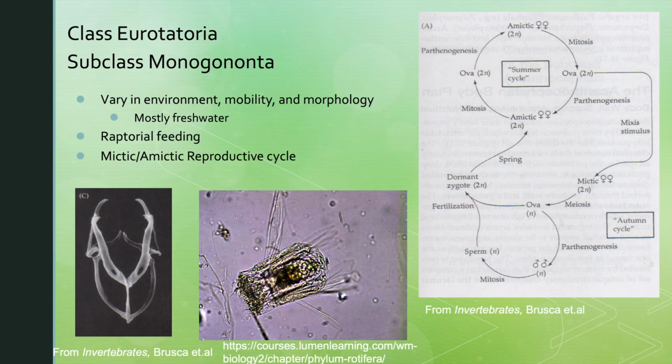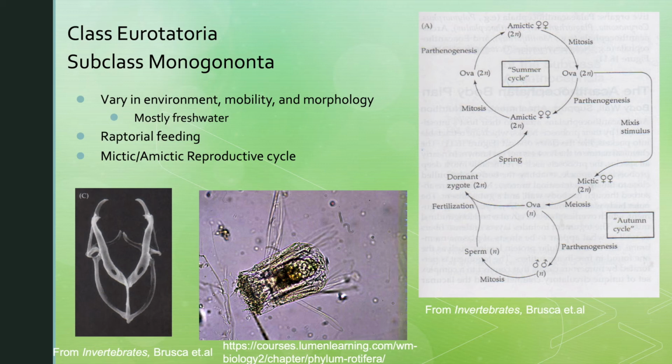As soon as the environmental conditions become less than ideal, the organism will detect that change and it will develop into a mictic female, which will undergo meiosis to create a mictic egg. And those eggs are going to be haploid.